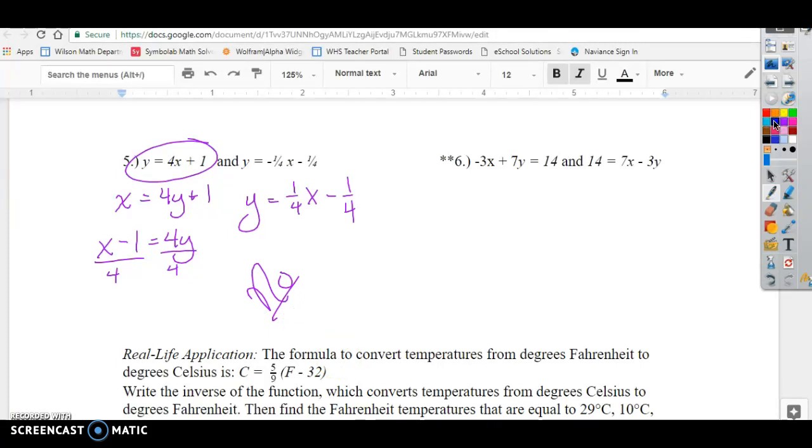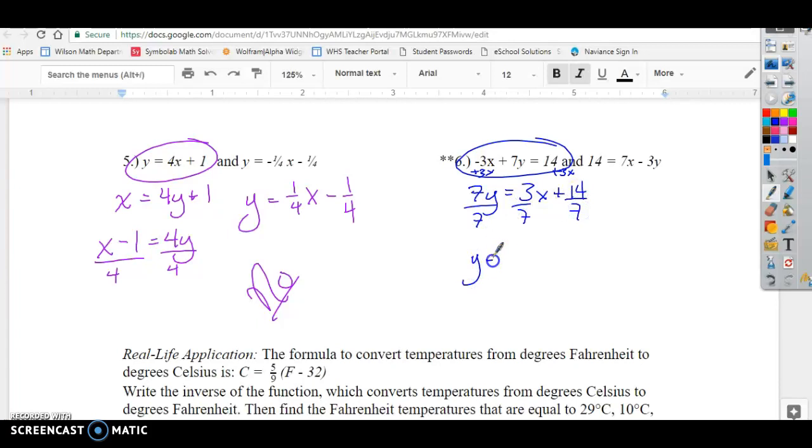All right, the challenge one. Let's see here. Oh, they're both kind of ugly. No offense. First thing I'm going to do is get this y by itself. So 7y equals 3x plus 14. So I added this 3x over, and then I'm going to divide by 7.